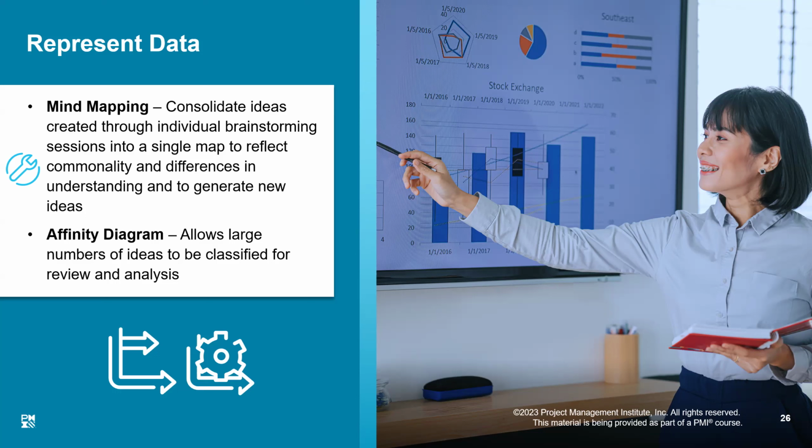So probably mind mapping would be capturing all the ideas and putting them on the sheet. Affinity diagram allows large number of ideas to be classified for reviews and analysis. Again, we are making a selection to categorize the various requirements.